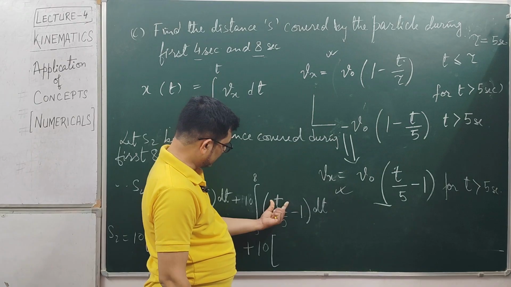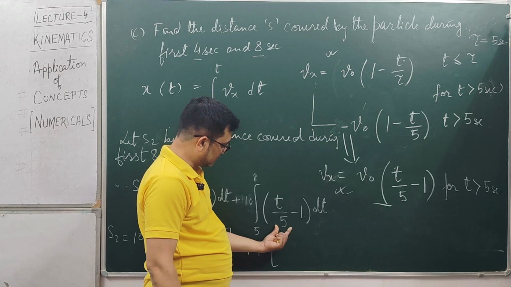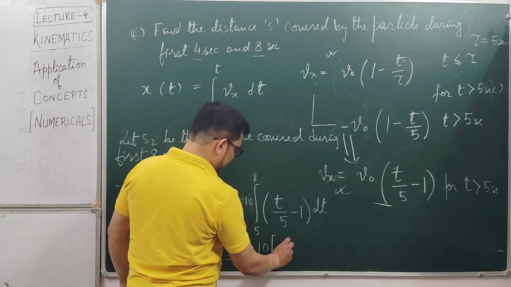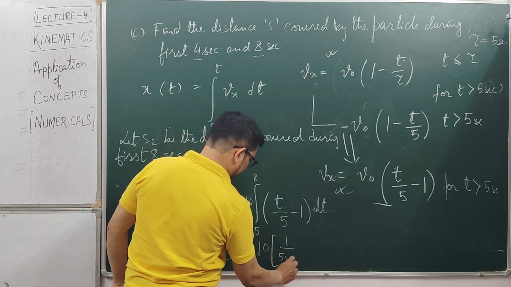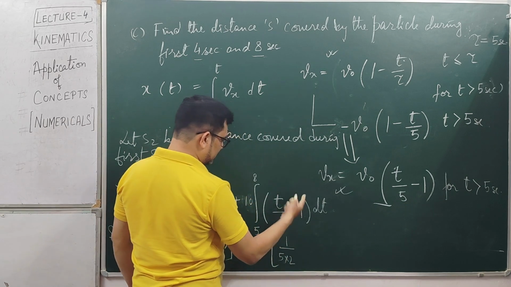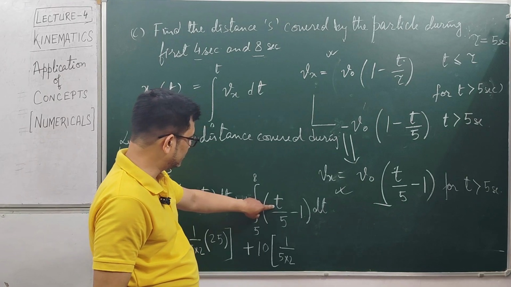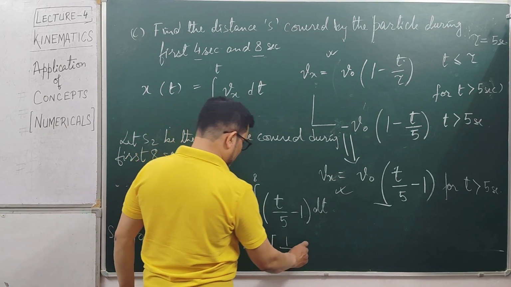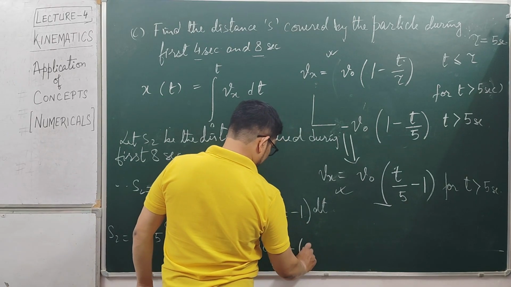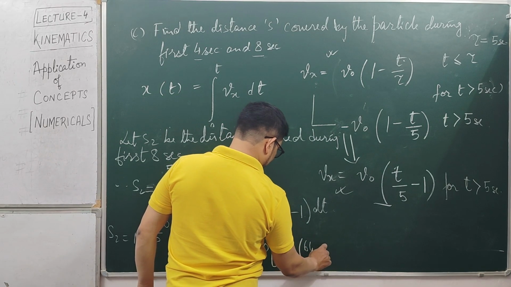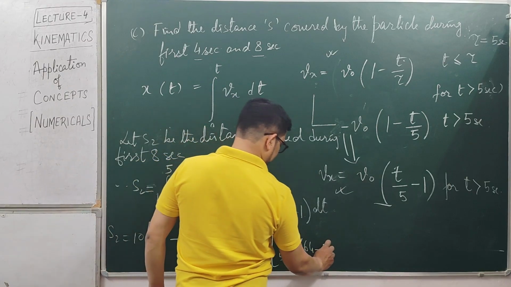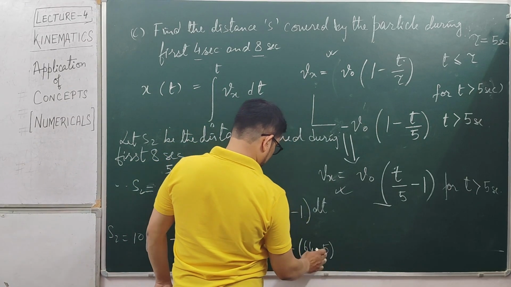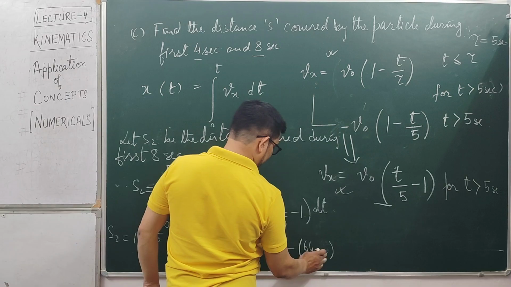Now here it's coming out to be t squared by 2. Now 5 is already there, so we'll pull it out. So 5 times 2, and this becomes t squared, which is going to be, if you pull in 8 here, it's going to be 64 minus 5 squared, so it will be 25 actually.